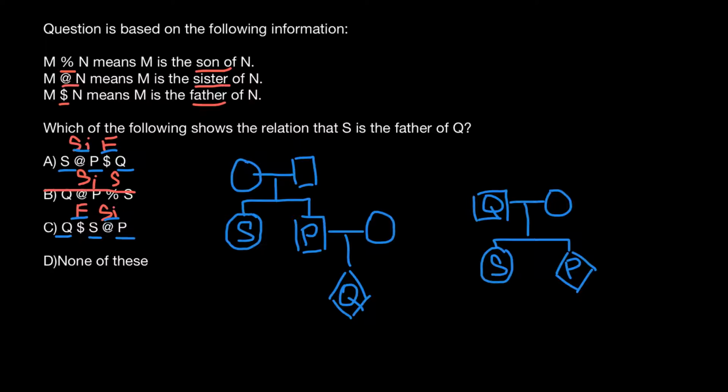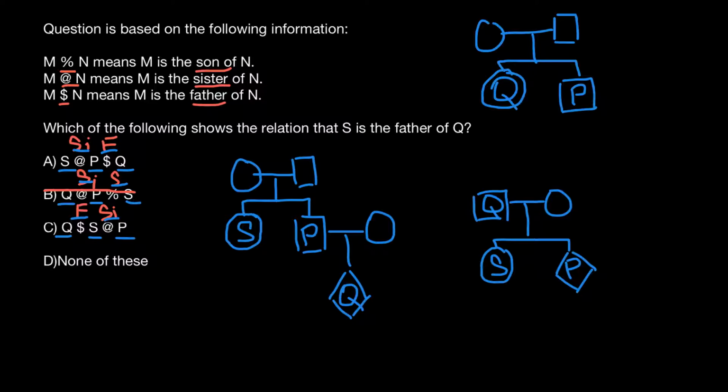According to this code, Q is a sister of P, and P is a son of S. But the sex of S is not specified. It can be with this person or this person. So S can be the father or mother.